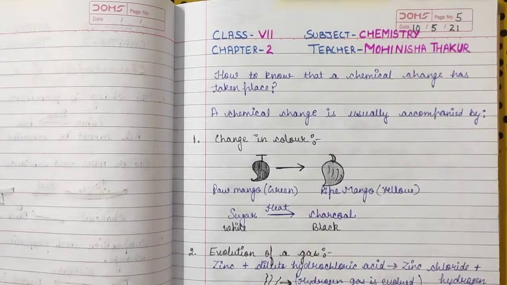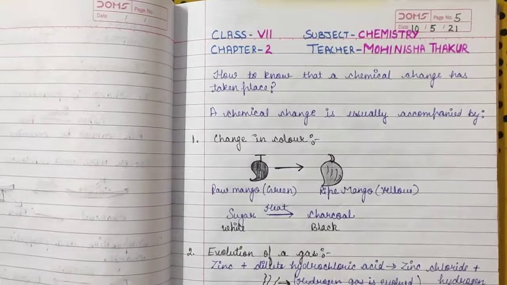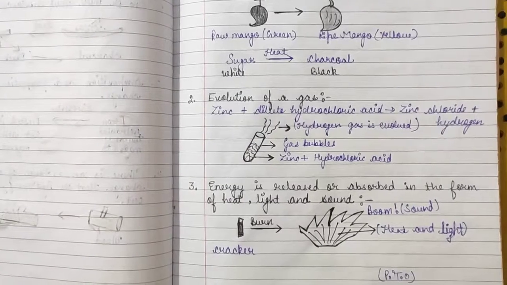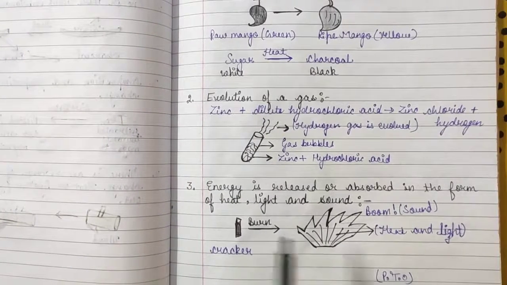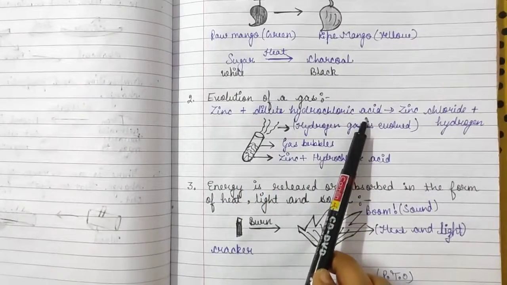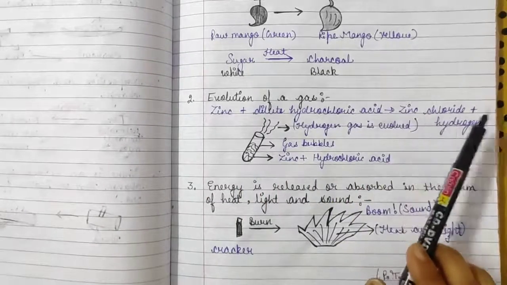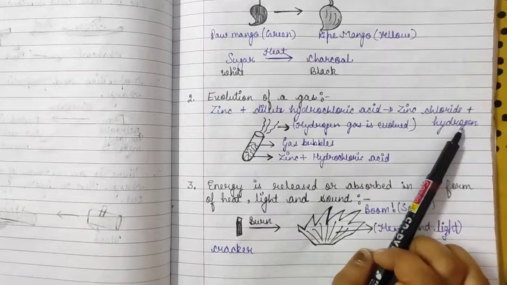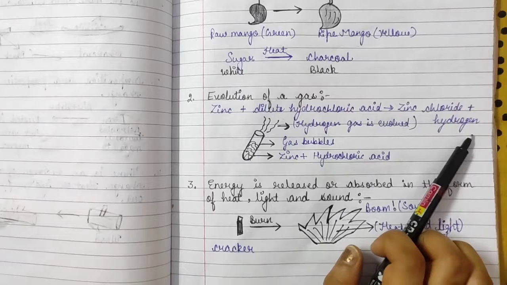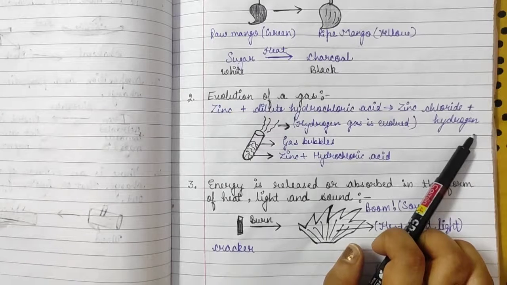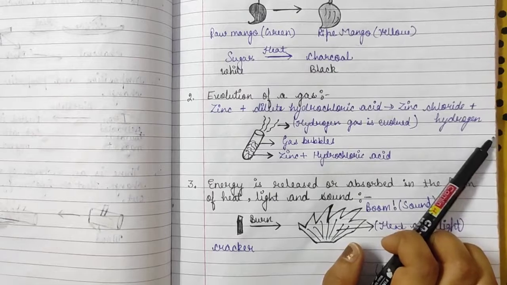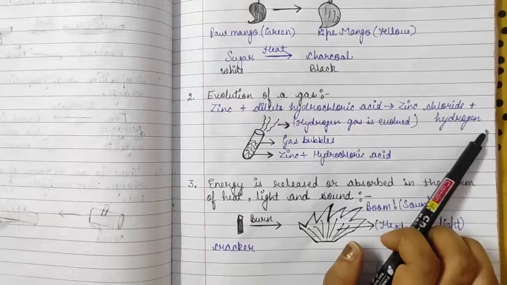Now the second is the evolution of gas. In the second characteristic, when you heat the zinc with dilute hydrochloric acid, zinc chloride will be produced with the liberation of hydrogen gas. So the evolution of any gas is also showing a chemical change.